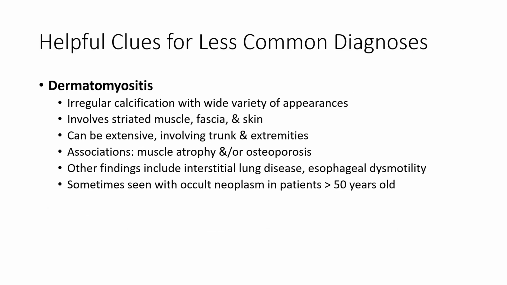Dermatomyositis: curvilinear calcification with a wide variety of appearances involves striated muscle, fascia, and skin. It can be extensive, involving the trunk and extremities, with associated muscle atrophy and osteoporosis. Other findings include interstitial lung disease and esophageal dysmotility, sometimes seen with malignancy in patients more than 50 years old.